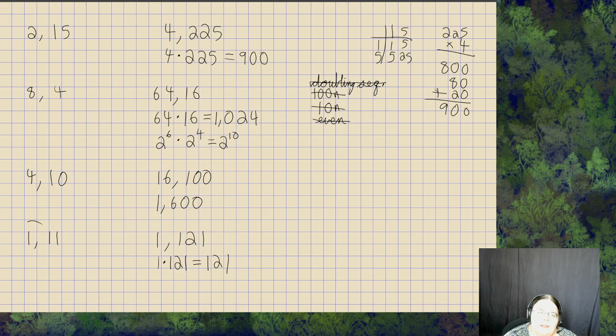I notice here that we started with 2 odd numbers. And I notice here that each of our other pairs of numbers had at least 1, sometimes 2 even numbers in it.